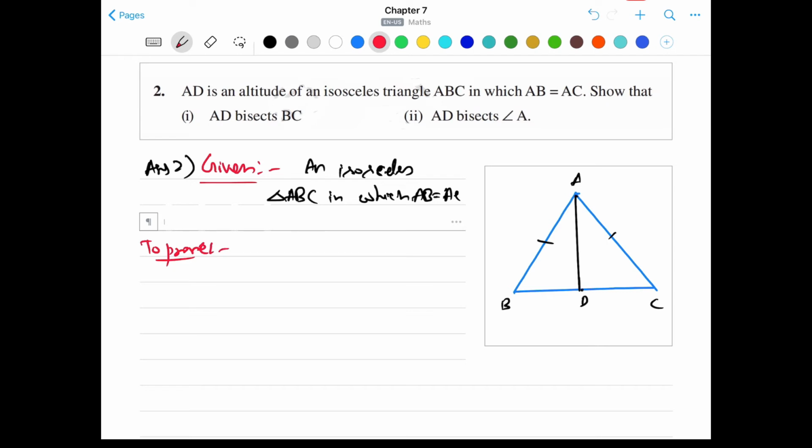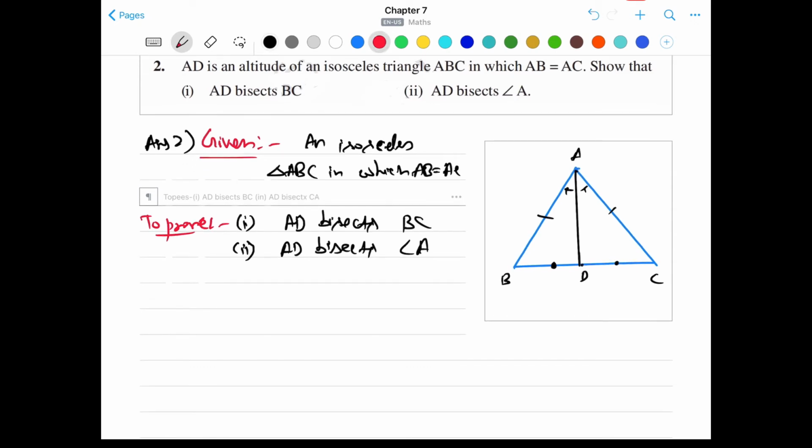To prove: first, that AD bisects BC, and second, that AD bisects angle A. So we have to prove that AD is bisecting BC into two parts, that means BD and DC are equal. Then we have to prove that these two angles are equal. Okay, so let's start its proof.